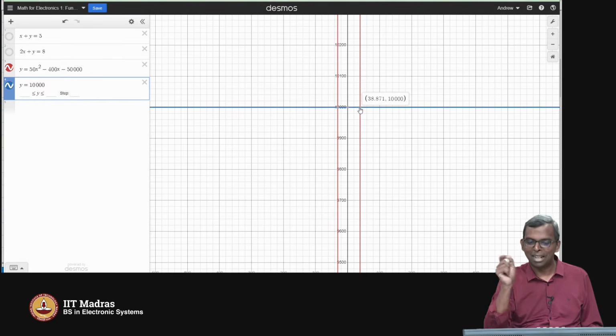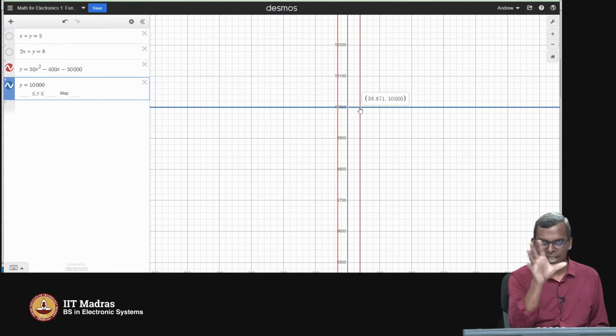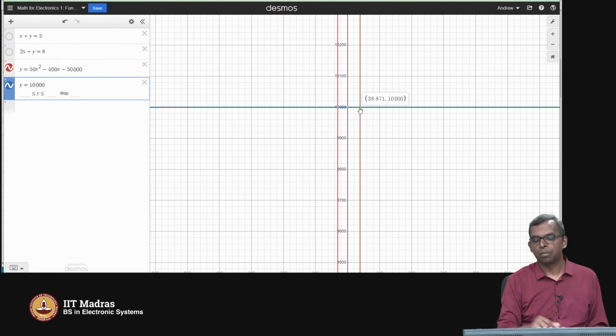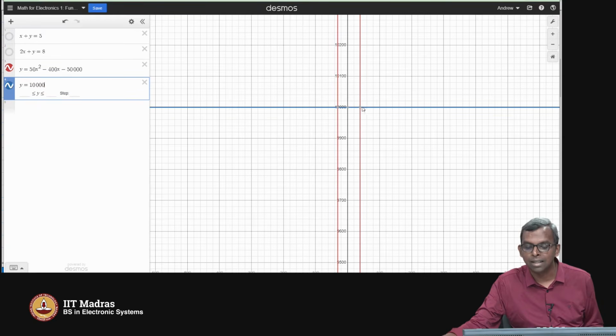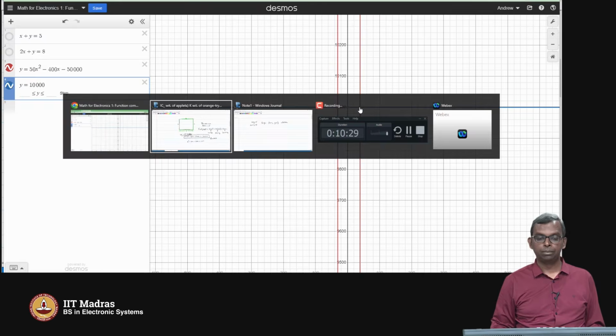You can check that analytically if you don't believe me. You put x equals 38.871, you do 50 times 38.871 squared minus 400 into 38.871 minus 50,000, you will get something very close to 10,000. Okay, so this is the size. So the farmer needs to now do, what is our solution for the farmer?